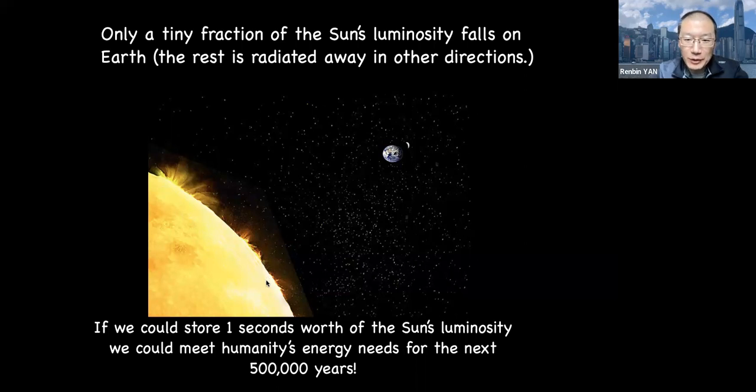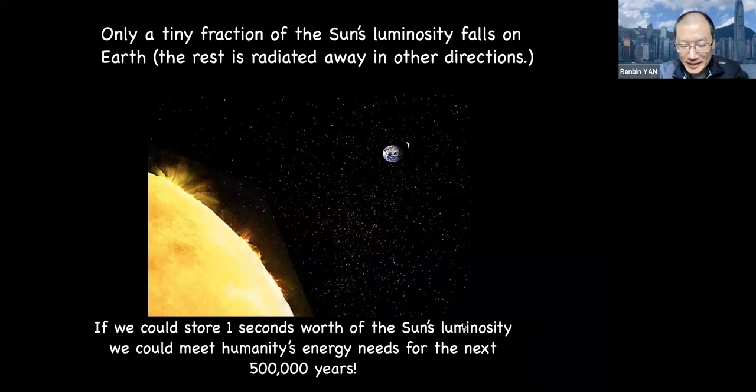That powers all our daily activities. Basically, all the energy sources that we are using originally come from the sun. And suppose we could capture the sun's energy in all directions, then we wouldn't need very much. We only need to store 1 second's worth of the sun's luminosity.